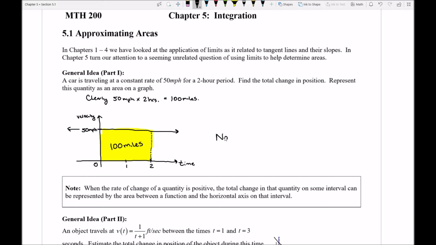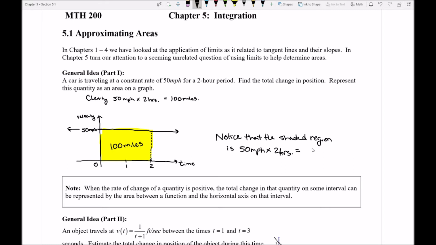So again, I can state here, notice that the shaded region is 50 miles per hour times 2 hours.